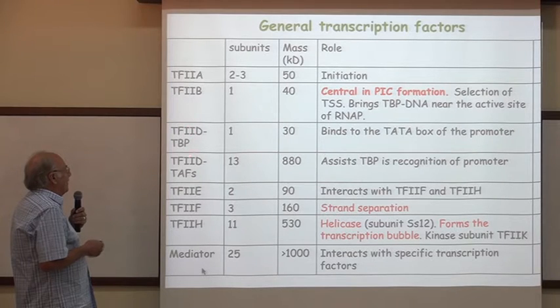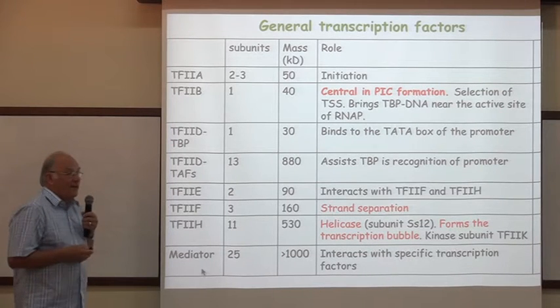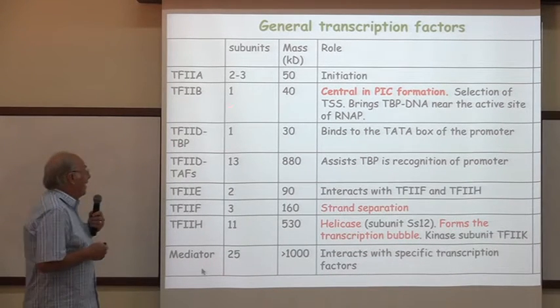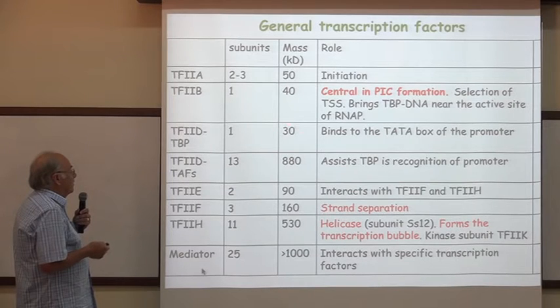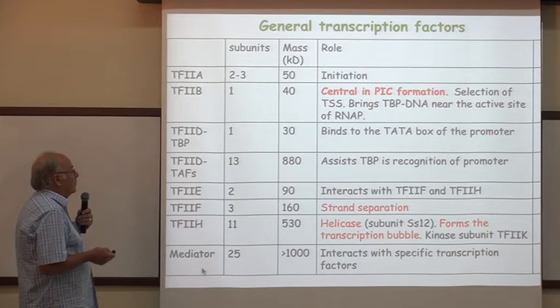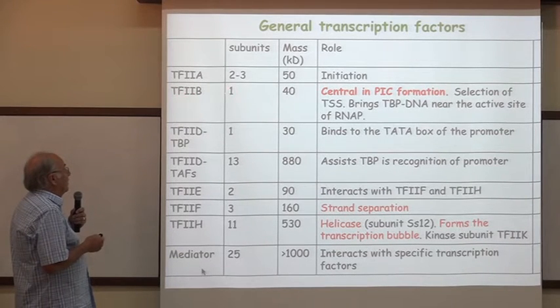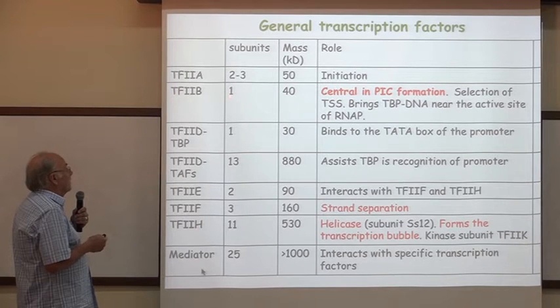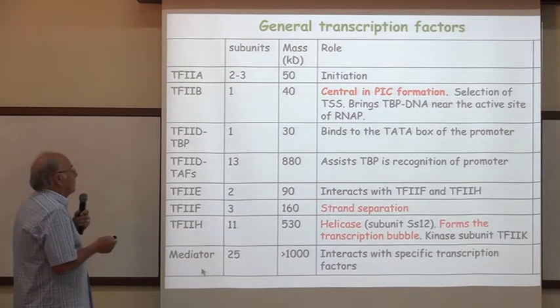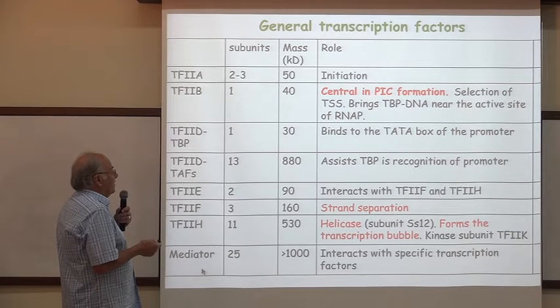and here is a very important protein, TFIID, or actually TBP, TATA box binding protein, very important protein. A small protein, 30 kilodaltons, binds to the TATA box of the promoter. And this TFIIB is also a very important protein, as one subunit, and it's not so big, 40 kilodaltons, and it's central in the pre-initiation complex formation.